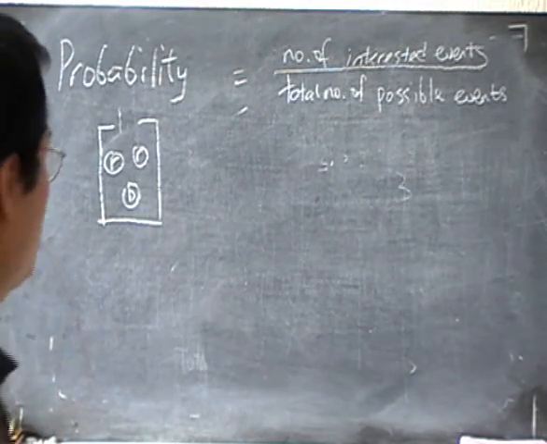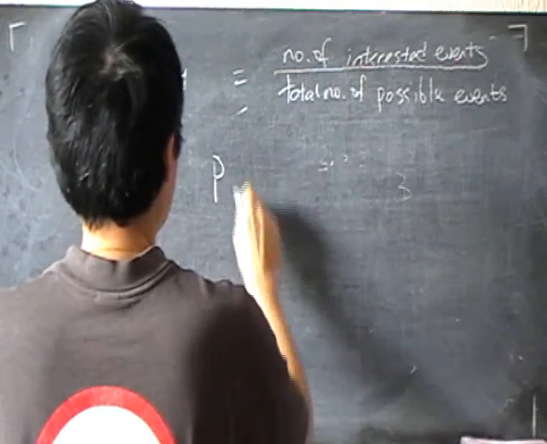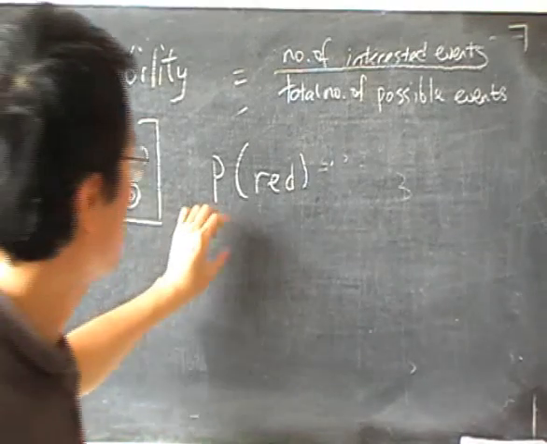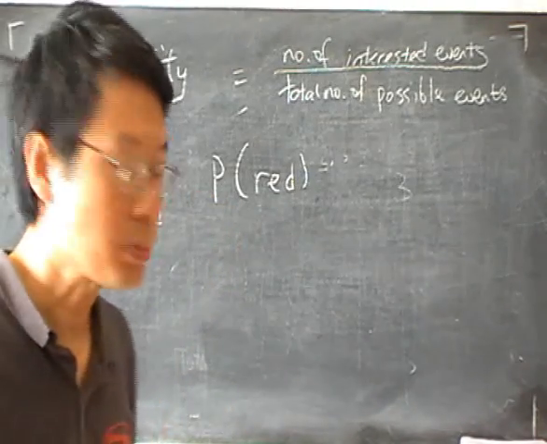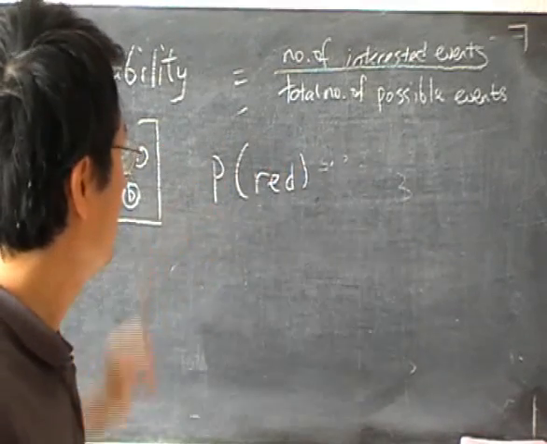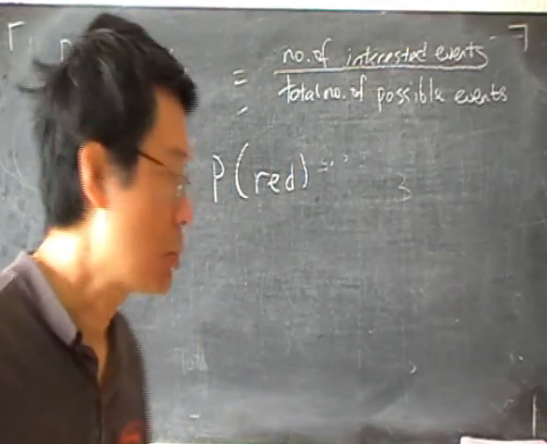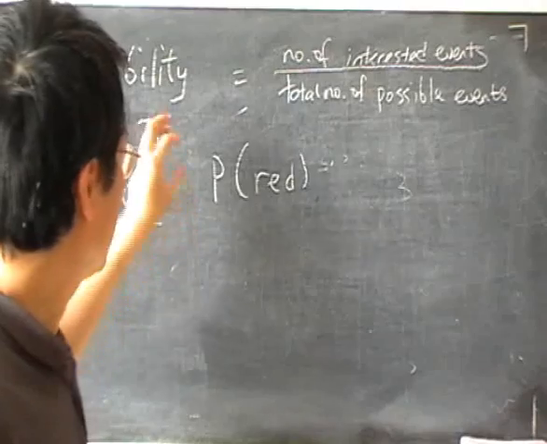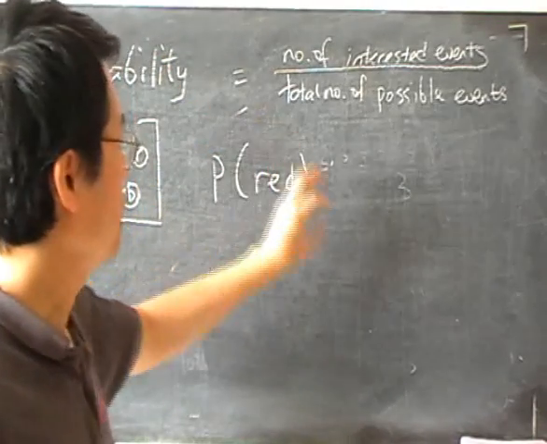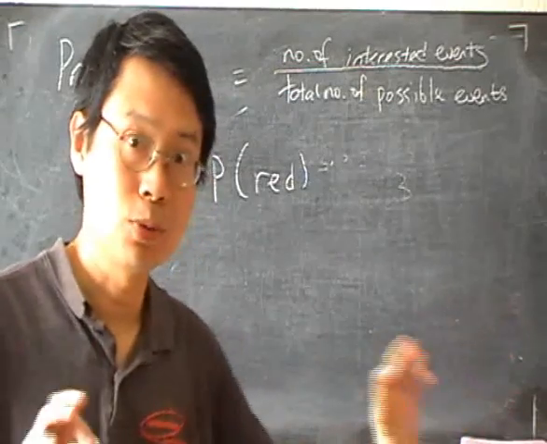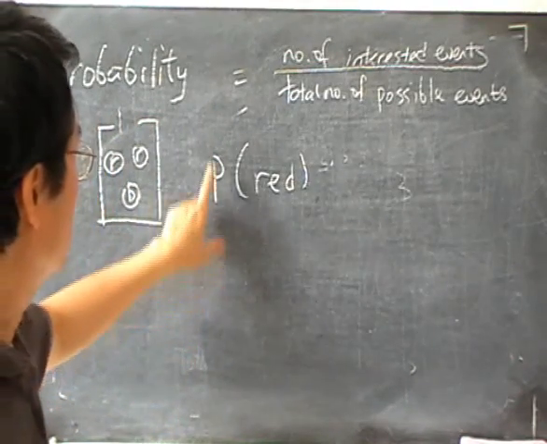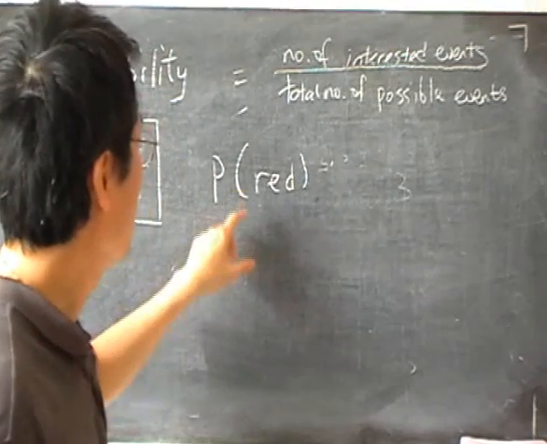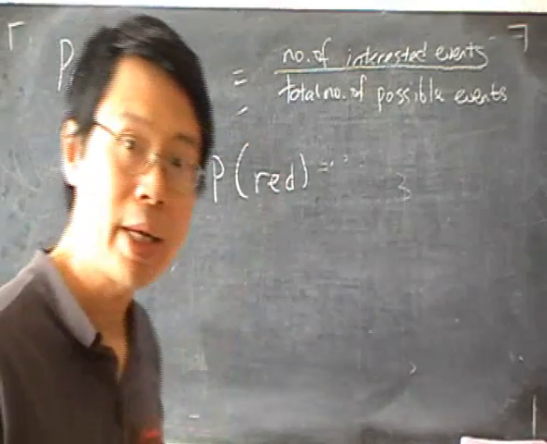So let's say we're interested in the probability of getting a red ball. Now you'll find that this is one common way to write down a description of the probability. So instead of writing it out in words, in full, and say probability of getting a red ball, so that's a lot of words to write out, we might just write a letter P to represent probability, and we put the word red in a bracket.